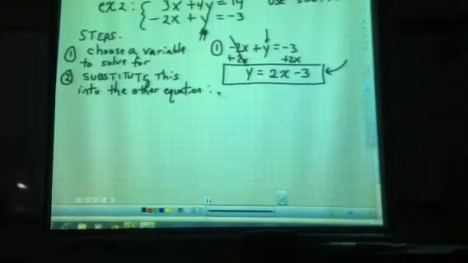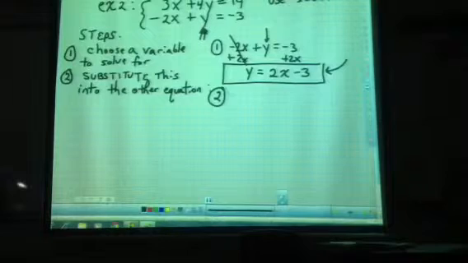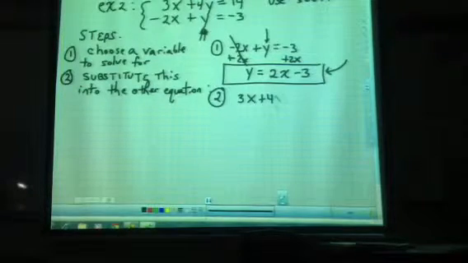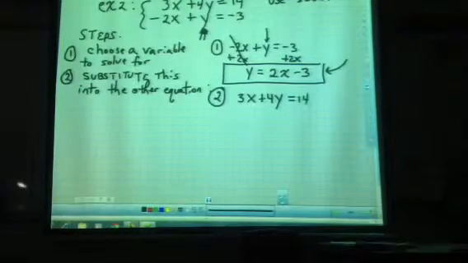And it looks like this, okay? So the other equation that we did not use was 3x plus 4y equals 14.